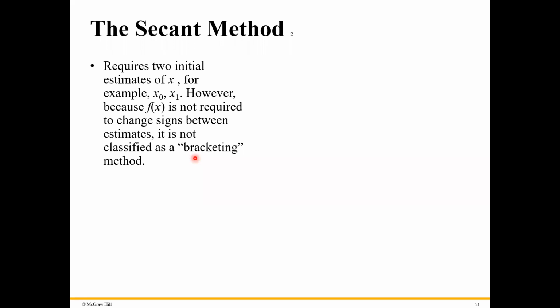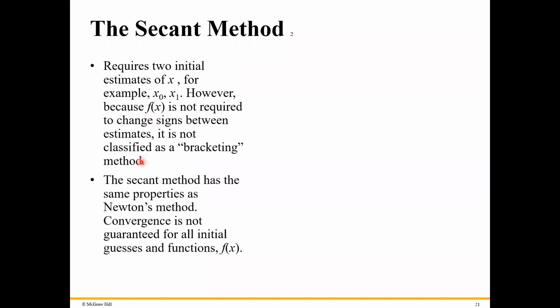In this case, we don't require that. So we will first estimate the value of the function at 2 points, and then we will apply this formula, and by the successive application of this formula, we will calculate the approximation.